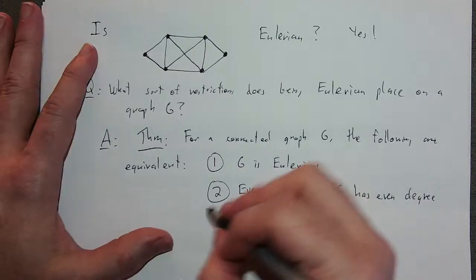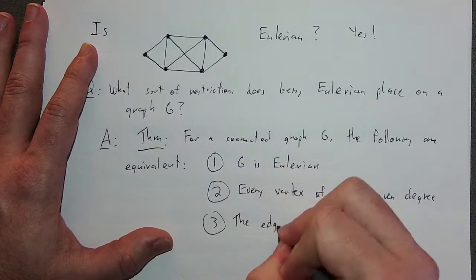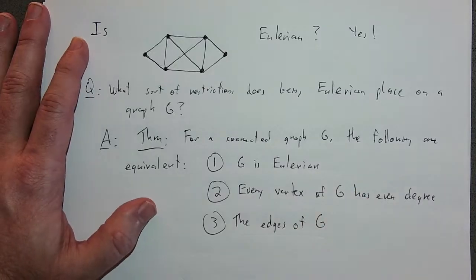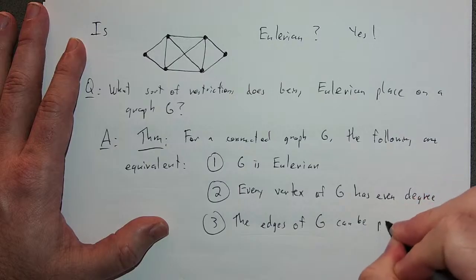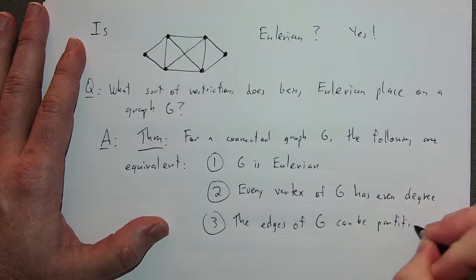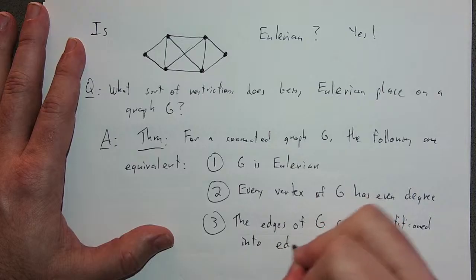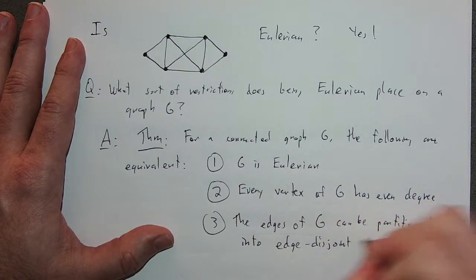And 3, the edges of G can be partitioned into edge-disjoint cycles.